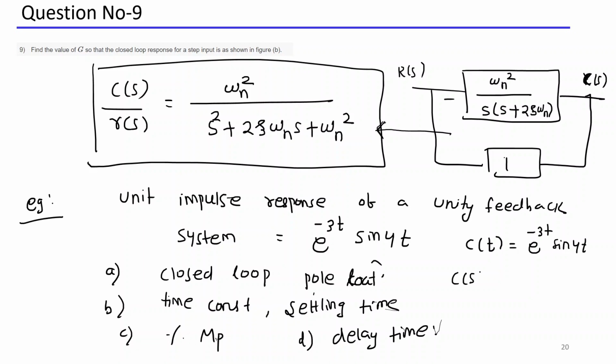C of S is the overall response, which is C of S by R of S, and R of S is 1 in this case. So directly write down the Laplace transformation of this signal: 4 divided by (S plus 3) whole square plus 16.